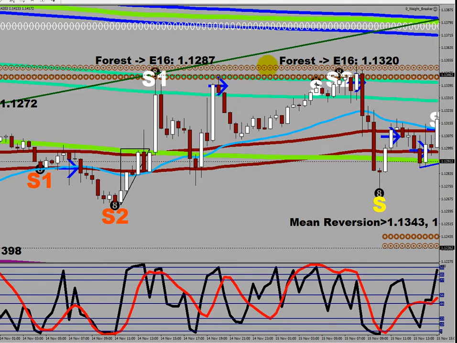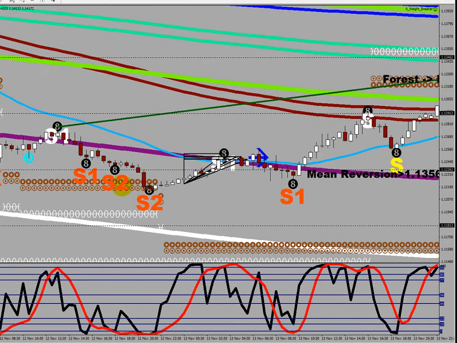One of the new things besides the forest is the outside hedge level, and that would be these white letter H's. Here is your example where the market turned.